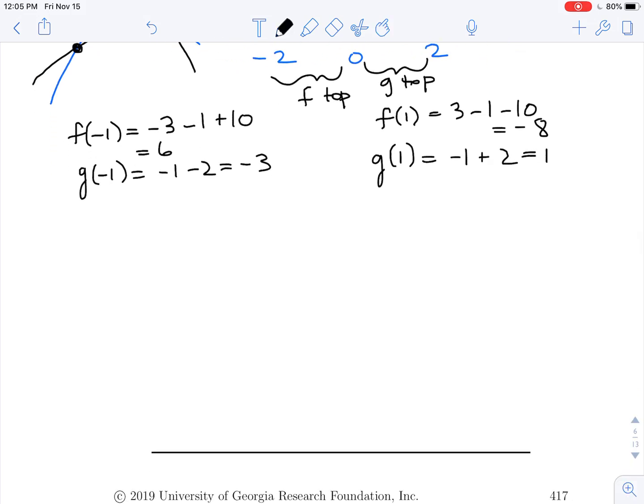So let's go ahead and work out these definite integrals. We need to do the definite integral from -2 to 0 of f of x minus g of x dx. When I worked out f of x minus g of x, I got 3x cubed minus 12x.